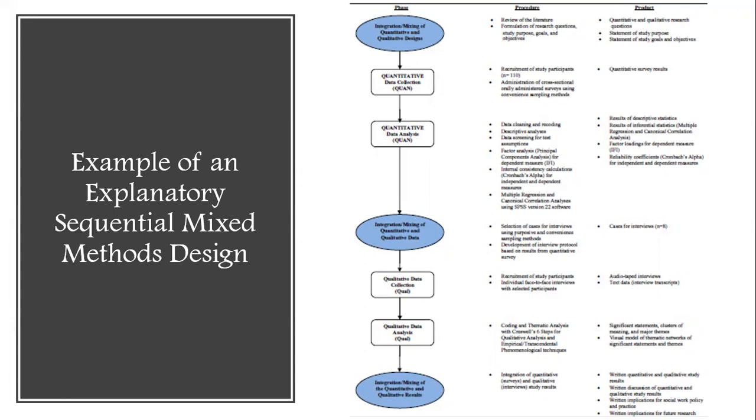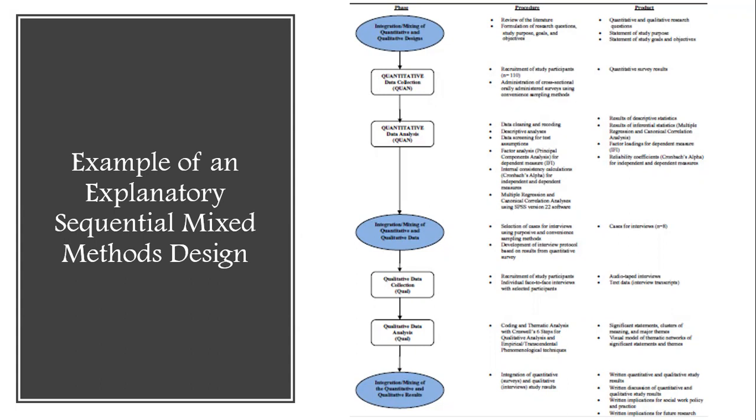And so in the beginning, I mixed the 2 methods by writing a purpose statement for my study that was reflective of both quantitative and qualitative methods, and also posing both quantitative research questions as well as qualitative research questions. And so I started with quantitative data collection and analysis. And once I got my quantitative results back, I used those results to help guide me in the formulation of the questions that I would ask my participants in qualitative interviews.